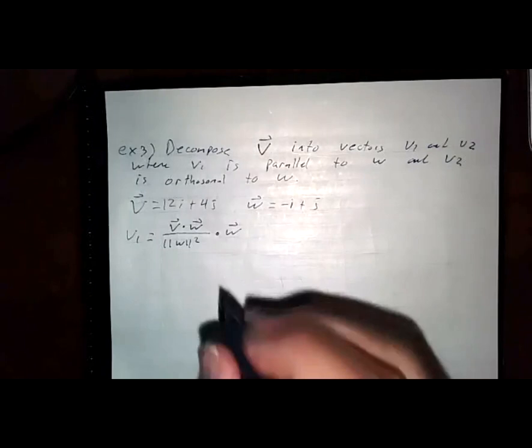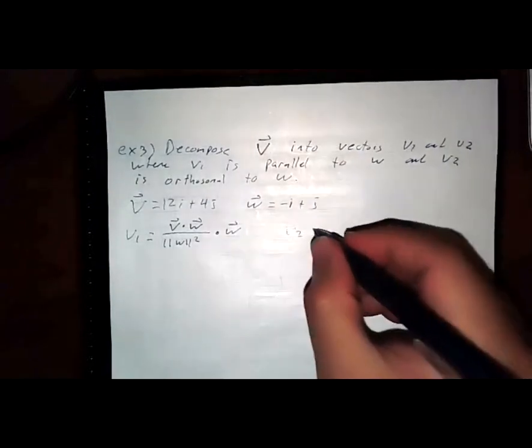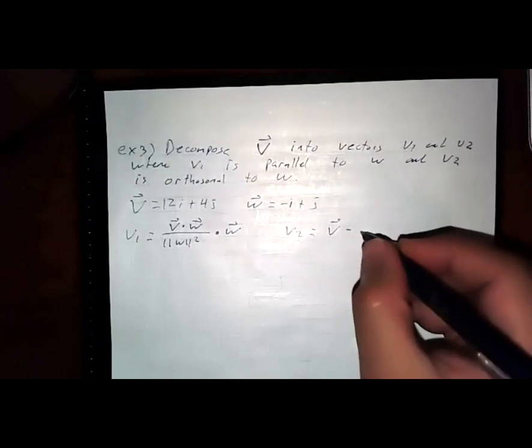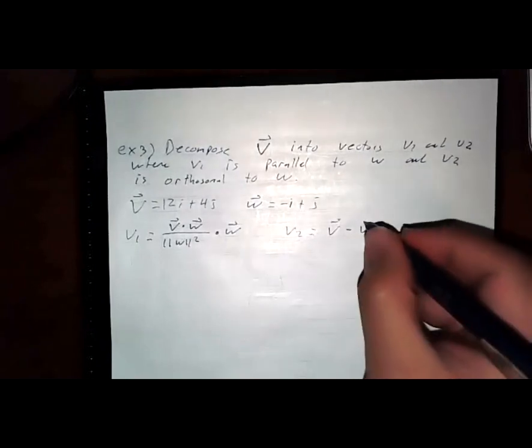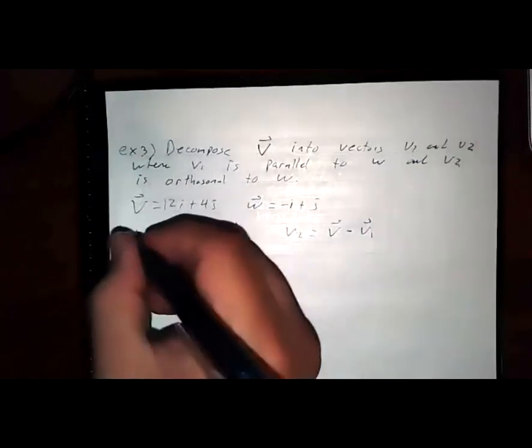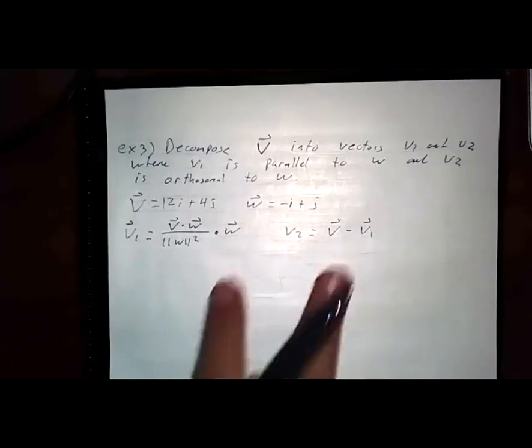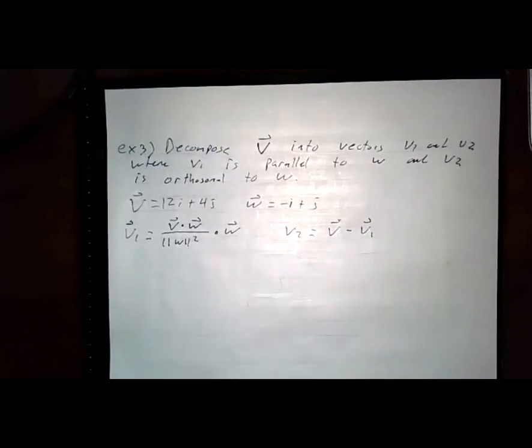This gives you V1. V2 will simply be the original V minus the result you got from V1. So V2 is easy once you get V1. Use these two formulas to do the decomposition the way they asked.